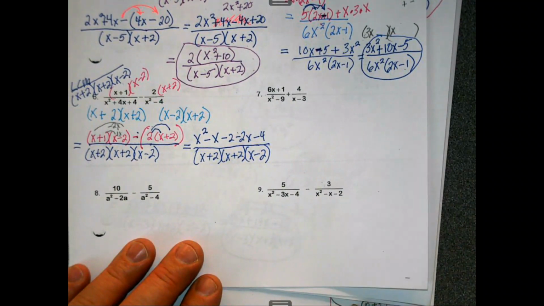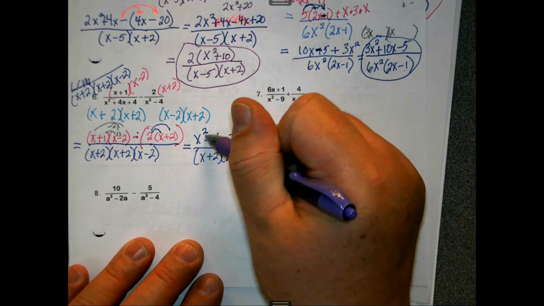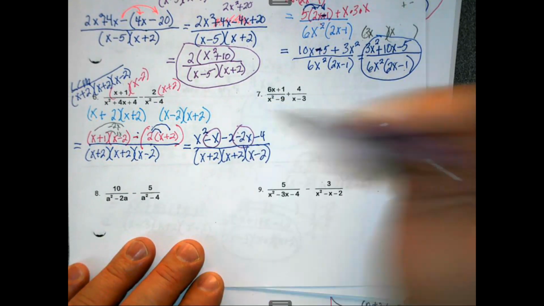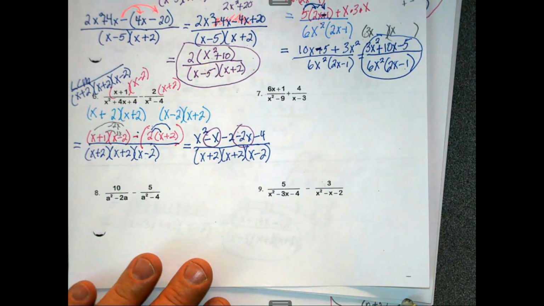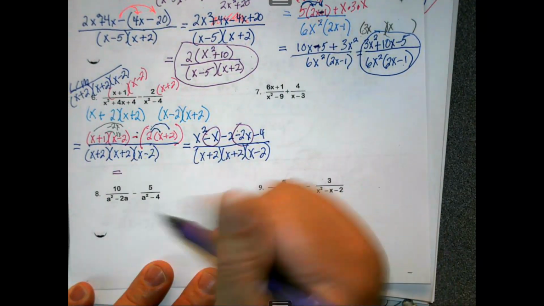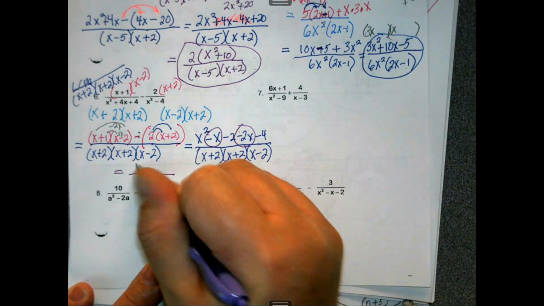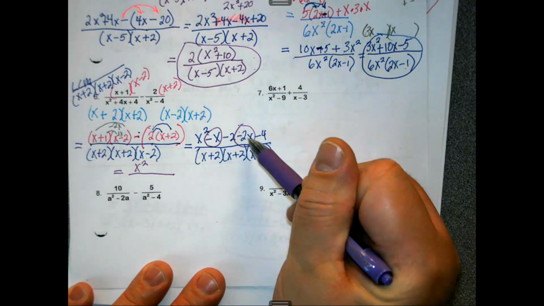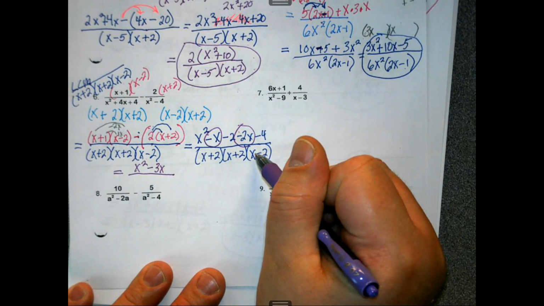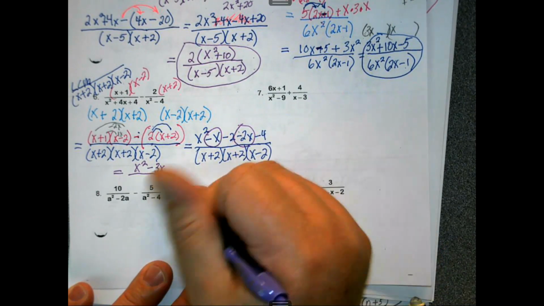I can combine the negative x and the negative 2x. This is a pretty involved problem. I got my x squared. Negative x minus 2x is negative 3x. And then negative 2 minus 4 is negative 6.